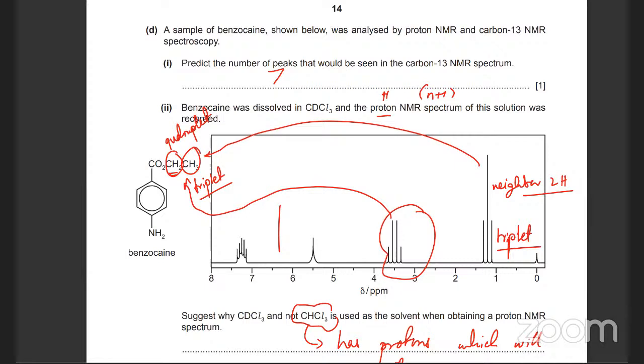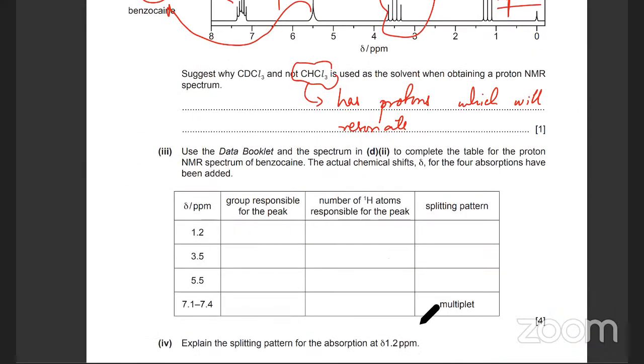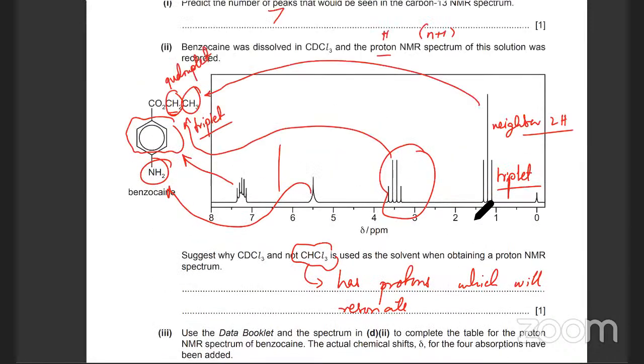So what about the other peaks? NH2, remember, NH2 and OH, they never split. So this is going to be this one. And then you've got these 4 hydrogens over here, so the last one is going to belong to this. So you don't even have to look at the data booklet. All you can do is just write down the splitting pattern, which we just wrote over there: triplet, quadruplet, that's a singlet, and this one is a multiplet.